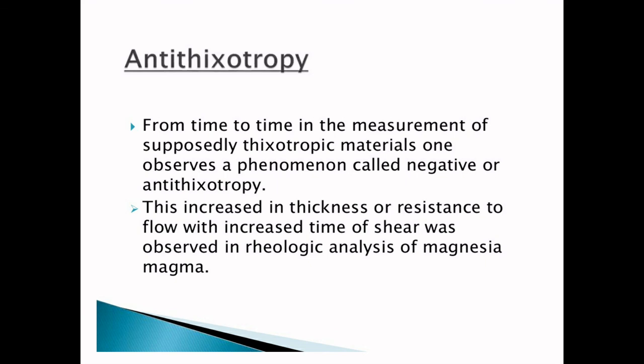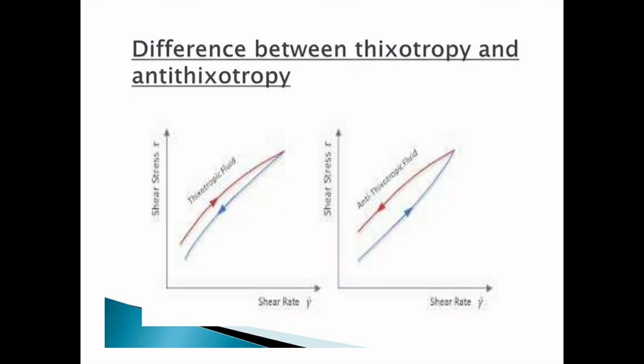Everybody knows magnesia magma, and its behavior is just the opposite. So this is also known as anti-thixotropy. Now the difference between thixotropy and anti-thixotropy: this is the shear rate and shear stress for a thixotropic fluid and an anti-thixotropic fluid.